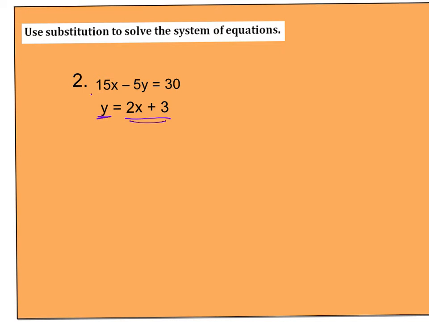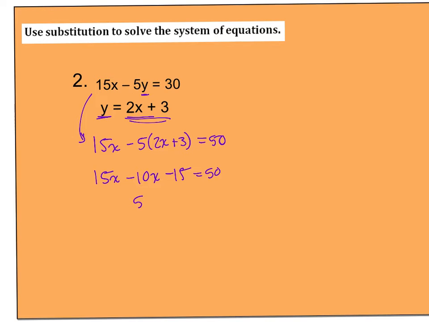Now I've got 15x minus 5, but instead of y, I replace y with what y equals. So 15x minus 10x minus 15 equals 50. This becomes 5x, add 15 to both sides: 5x equals 65, so x will equal 13.